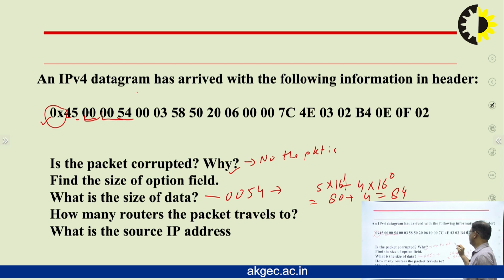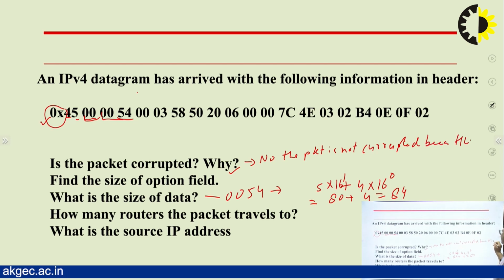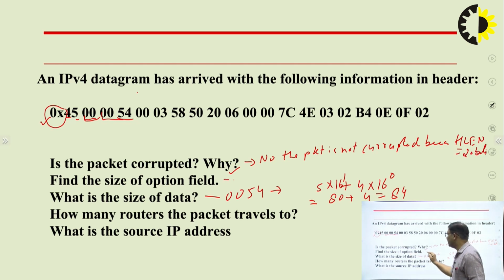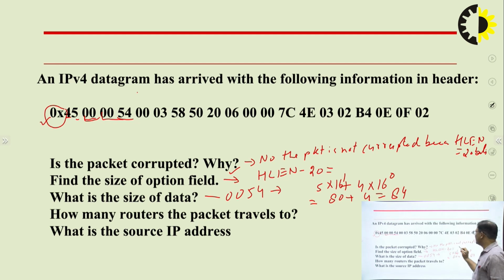The packet is not corrupted because of this: what is the size of the option field? The option field size can be calculated as the HLN size minus 20. The HLN size in this question is 20, so 20 minus 20, so the option size is 0.